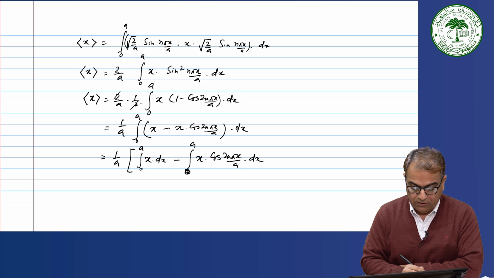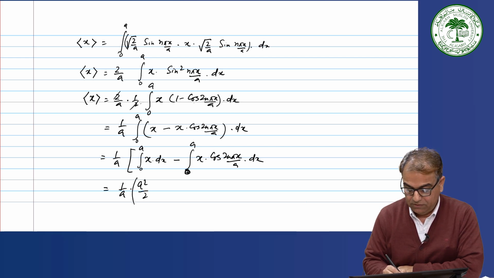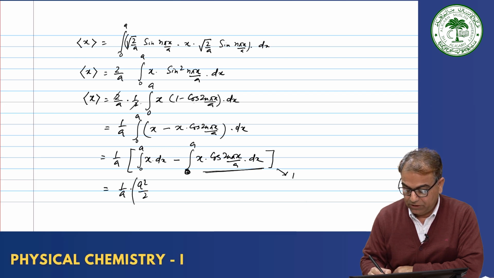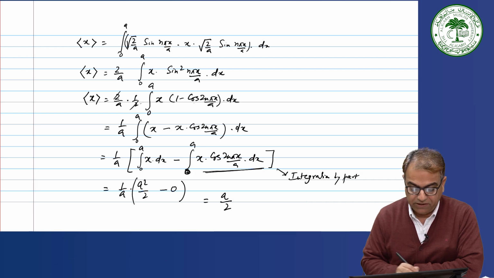Okay. So the first part will be x square divided by 2, and if you put the value of a, then it will be this one. This other one you will have to do by using integration by parts. Okay, and if you do it, you will find that this comes out to be 0, and so the value becomes equal to a divided by 2.